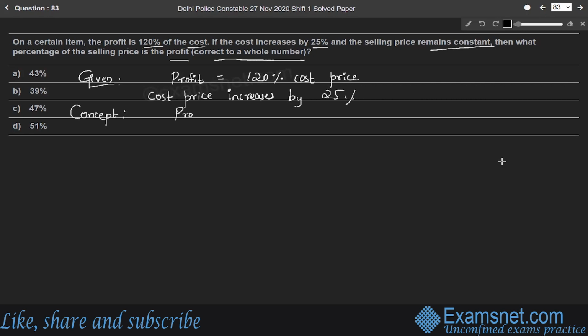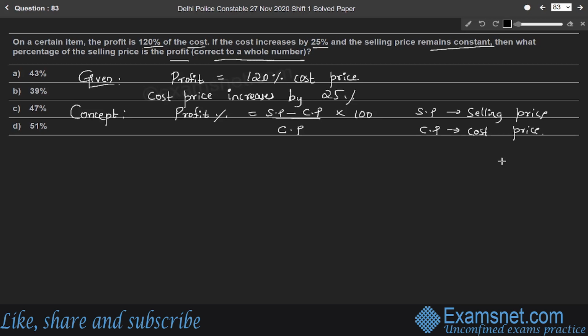So here we are using the concept of profit and profit percentage. Profit percentage is equal to selling price minus cost price whole divided by cost price into 100, where SP stands for selling price and CP stands for cost price.